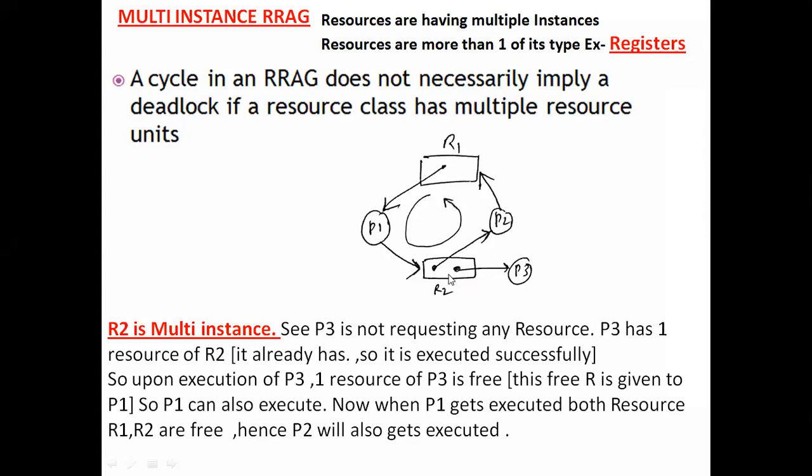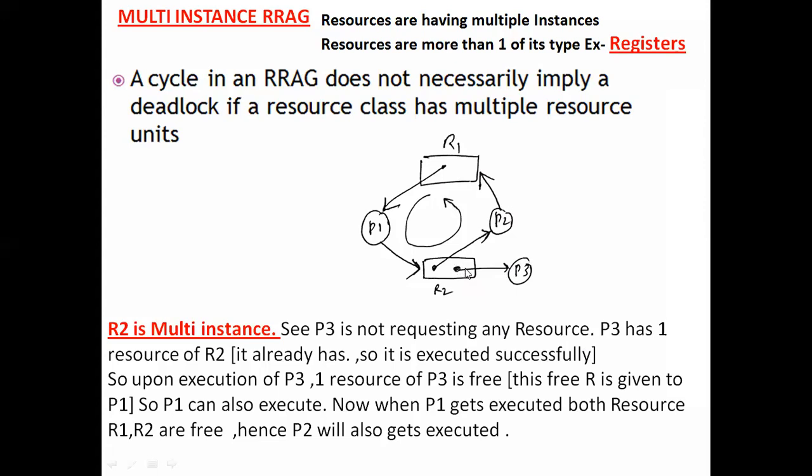Once P3 executes, one resource of R2 will be freed, because upon the successful completion of any process, the resources allocated to that process will be released. So after the successful execution of P3, one resource of R2 is freed.